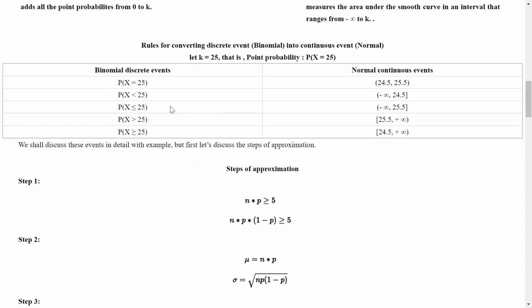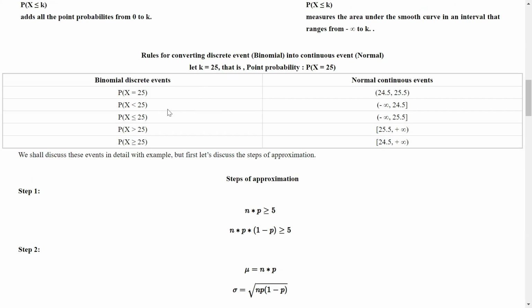Now let's discuss the rules of converting discrete events in the binomial distribution into the continuous event in the normal distribution. Let the value of k be 25. That is, we shall look at the probability events at 25 or near to it.